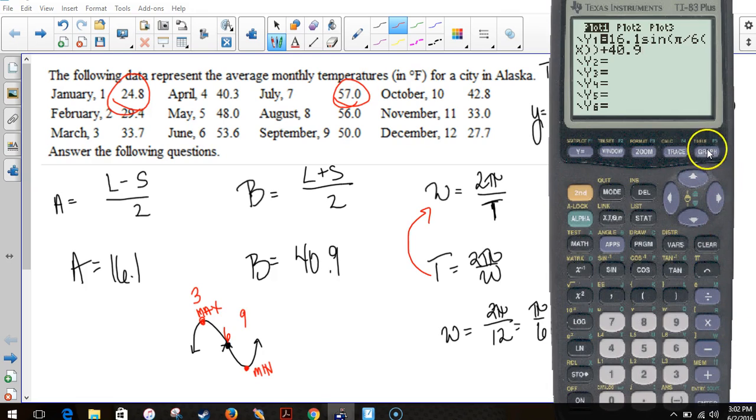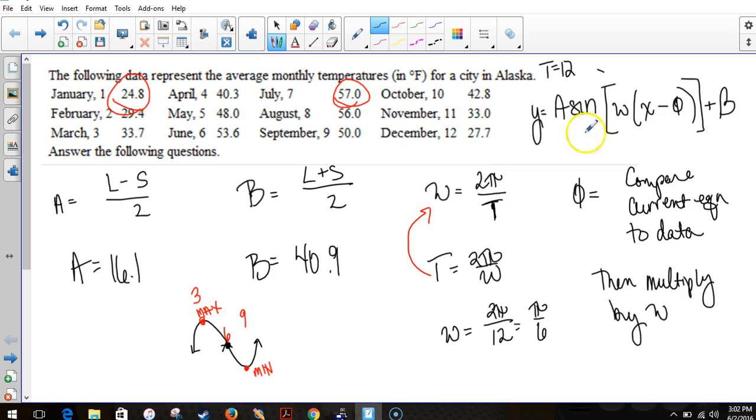Now when I hit graph, it's easier to see why we need the phase shift. I peak here at about 3, which makes sense, but my data says you need to peak over here at 7, so I need to scoot this over to the right 4 spots.